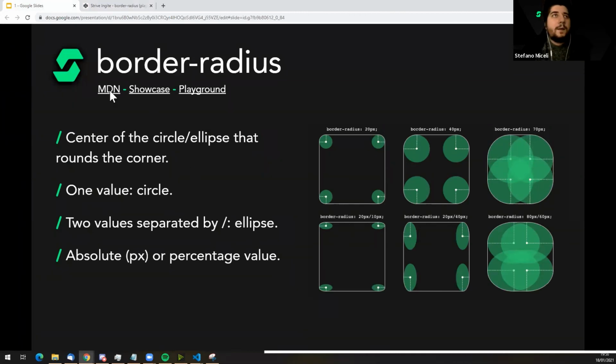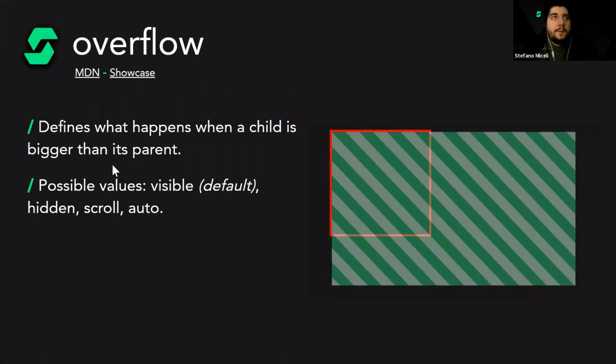Right. So the next thing, we saw how overflow worked. You need to know that every container, if you give your container some dimensions that are shorter than the content inside, you will encounter an overflow. Sometimes it happens that you have an image, and since your container is finishing here, you're going to see the text right below the image.